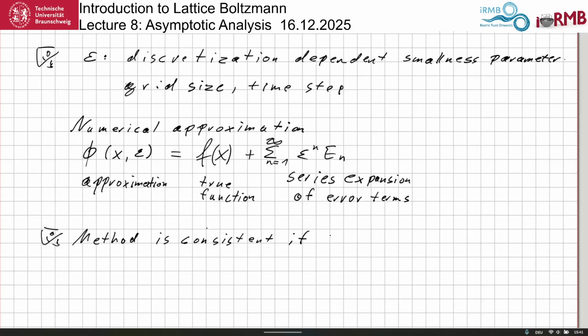They are consistent if the limit of our smallness parameter epsilon going to 0 for phi of x and epsilon is f of x. So if the error disappears for epsilon going to 0, then we say that the method phi solves f. Very basic, but very important.